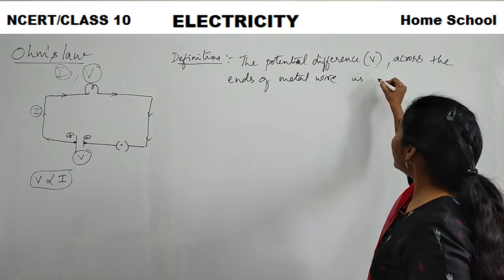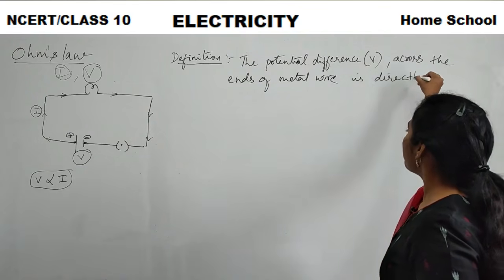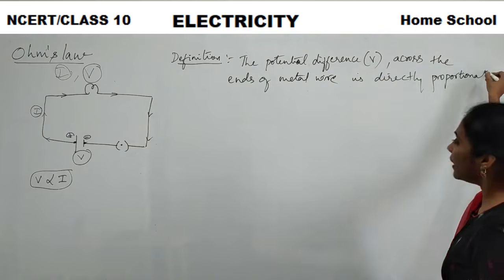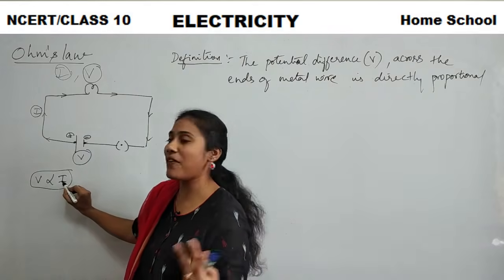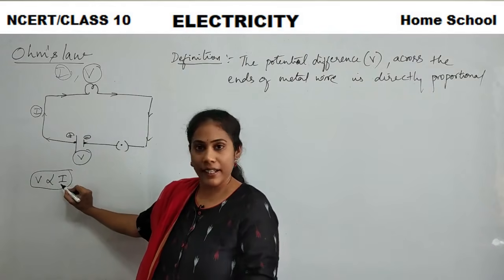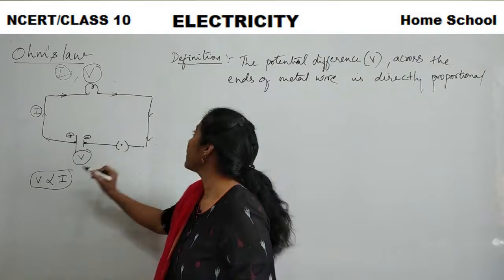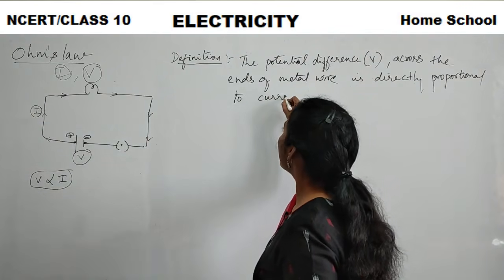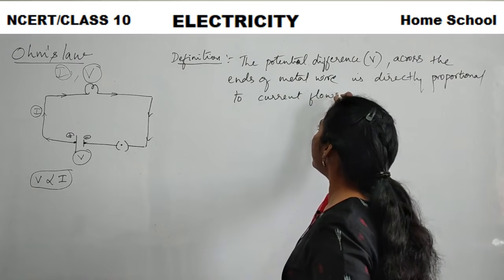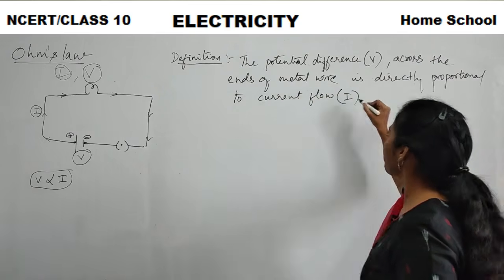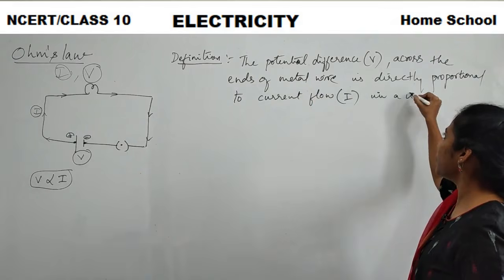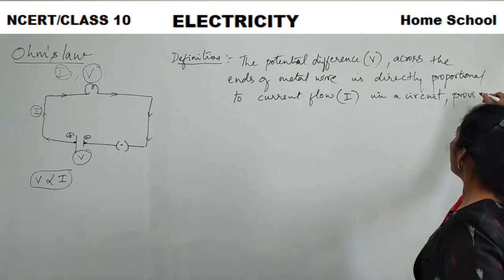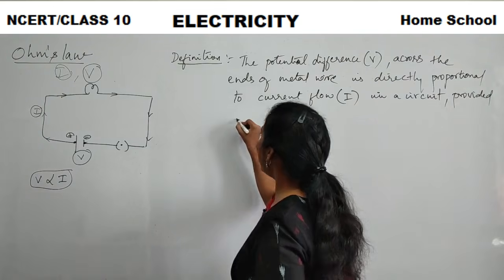Is directly proportional, in the sense what? If one factor increases, the other factor also increases, right? That is called directly proportional, to current flow, that is I, in a circuit, provided temperature remains constant.